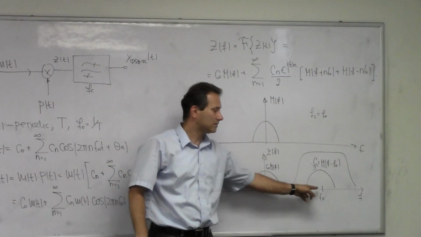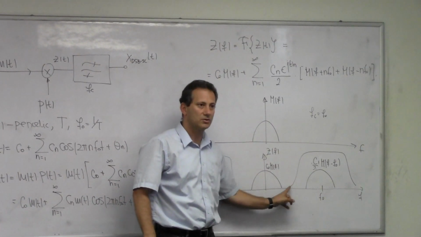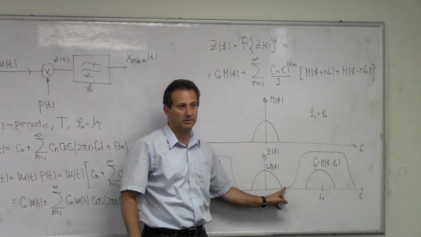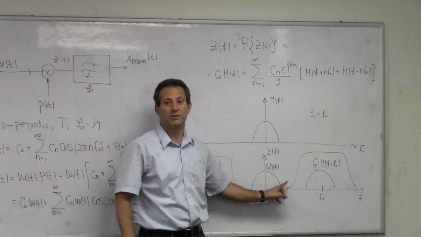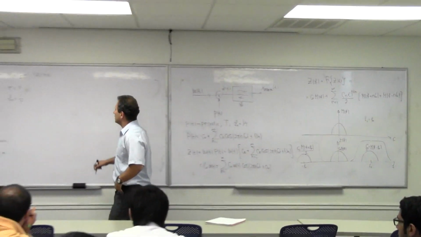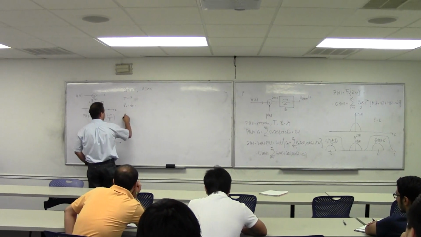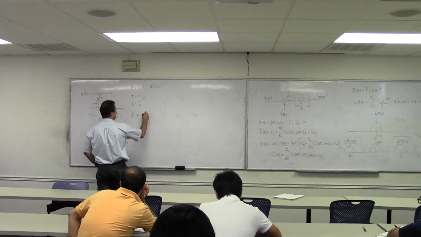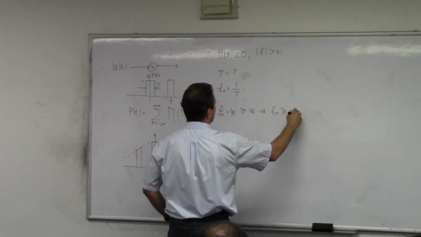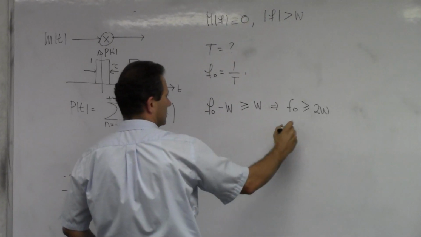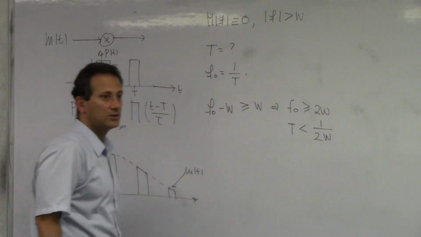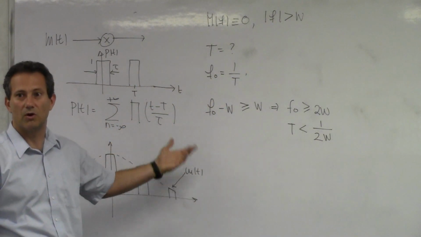And what that means is that F0 minus W has to be greater than or equal to W, or F0 needs to be greater than 2W, or, which is equivalent, T needs to be smaller than 1 over 2W. So this tells you how often you need to turn this signal on and off.